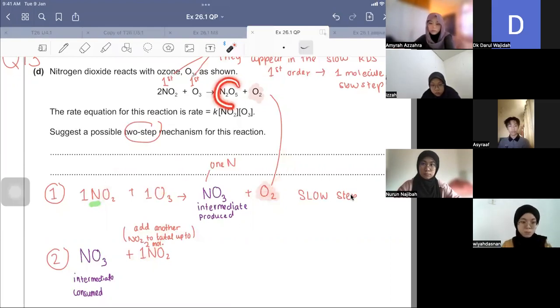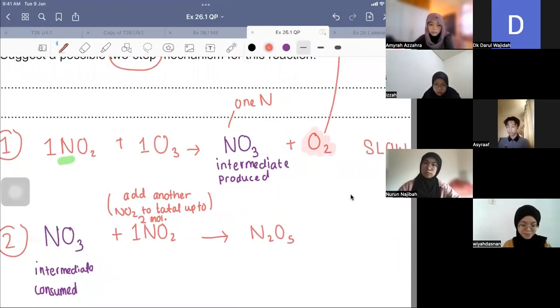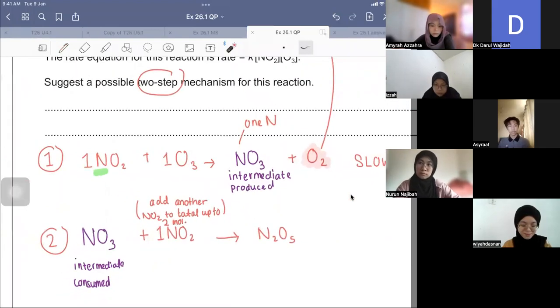So that means I'm missing the N2O5. Okay, I need to add N2O5 in my product. However, I also need to make sure that it's balanced. Okay, so you see here, I've got 2 nitrogen, 1, 2, and then my oxygen, I've got 5 on both sides. That means it's balanced.